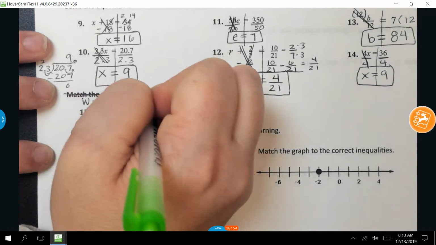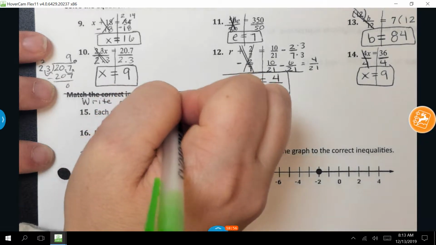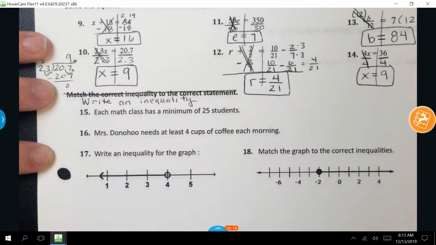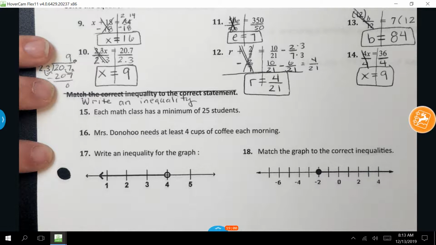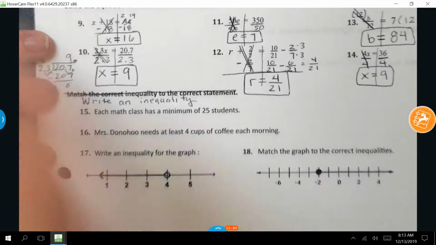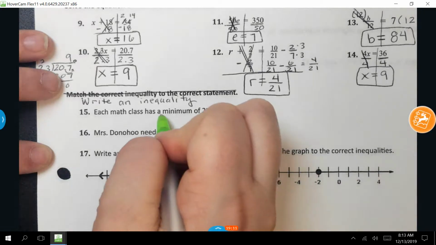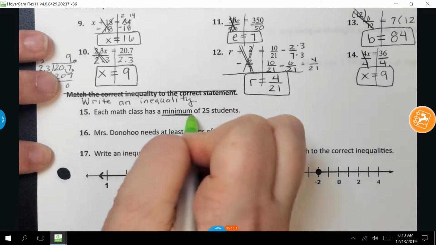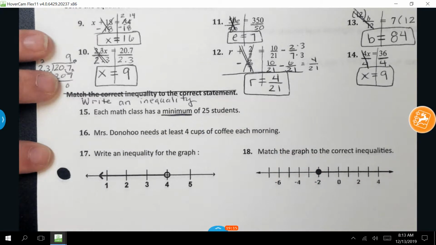Write an inequality. All right, so the way we do that is first thing I'm going to do on number 15 is I'm going to read it and decide which word is telling me if it's bigger or smaller. Which word is going to give me my inequality, Bailey? The word minimum. And what is the subject? What is this sentence talking about? Leah?